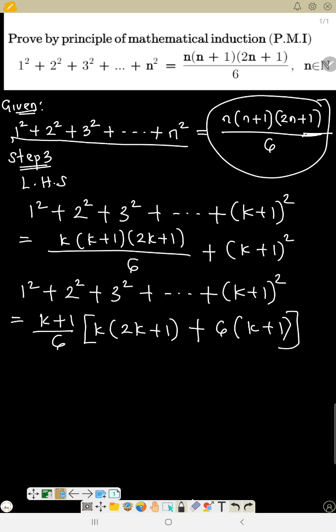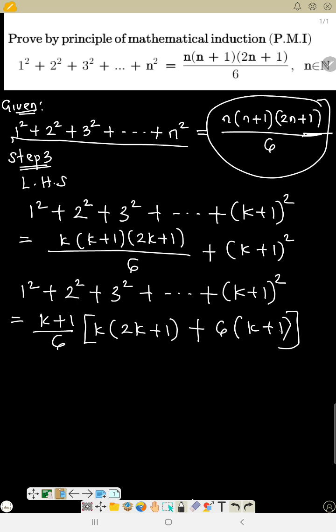Again, you factor out k plus 1 over 6, so it will remain k and 2k plus 1 here. Then plus, I have to put 6 here so that we cancel this 6 since 6 is not here. And with k plus 1 out, it will remain just 1. Like that.